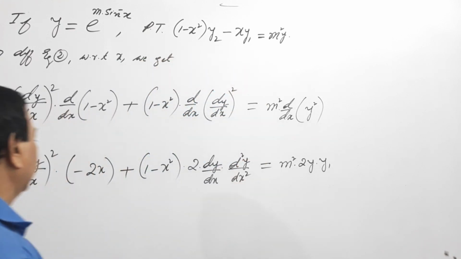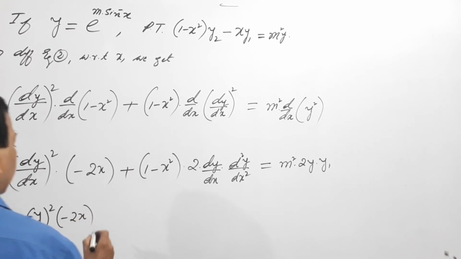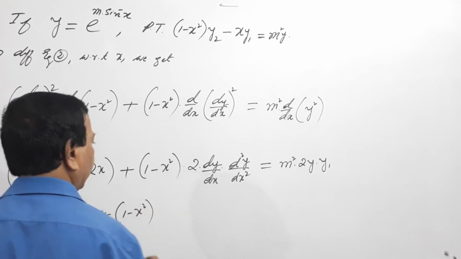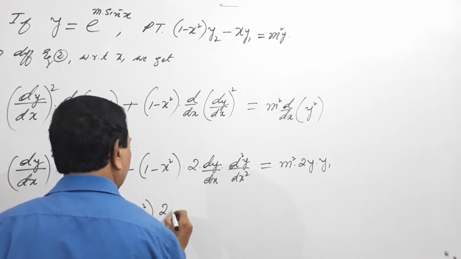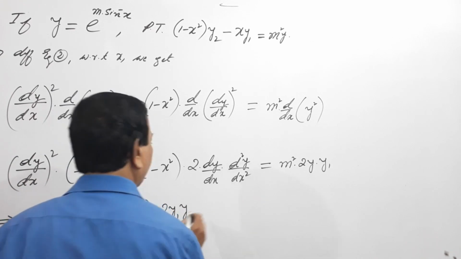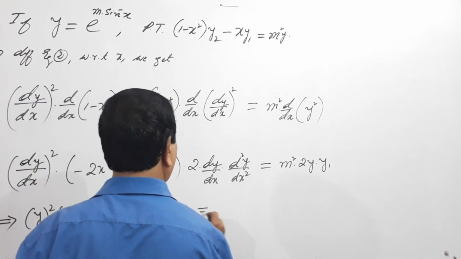So I'll change this. dy by dx is nothing but y1. Squaring, we get y1 square minus 2x plus 1 minus x square into y1 and y2.